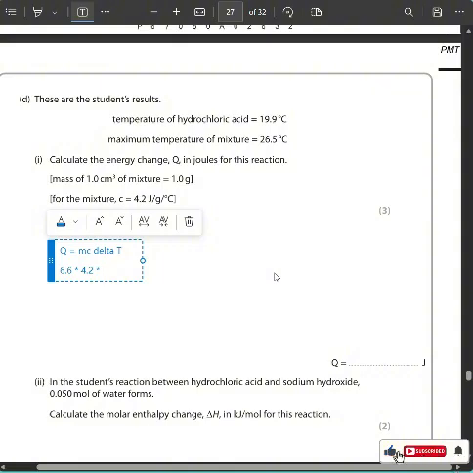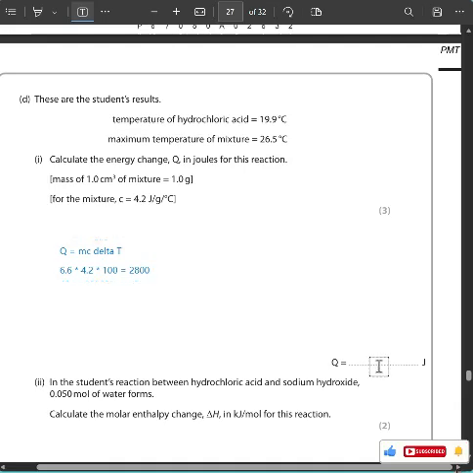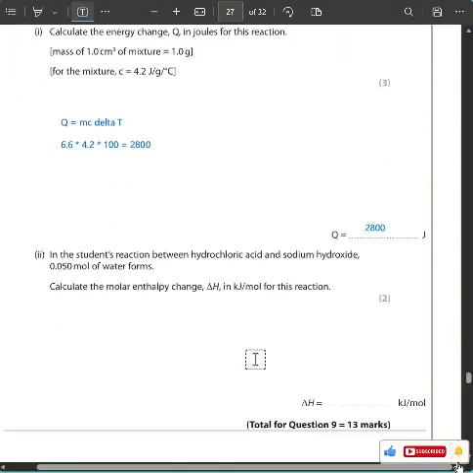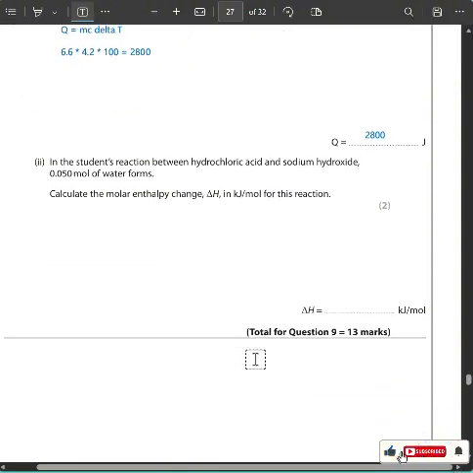The 6.6 is the temperature change and 4.2 is the specific heat capacity, and the mass of this is 100, and the answer will be 2800 joules.